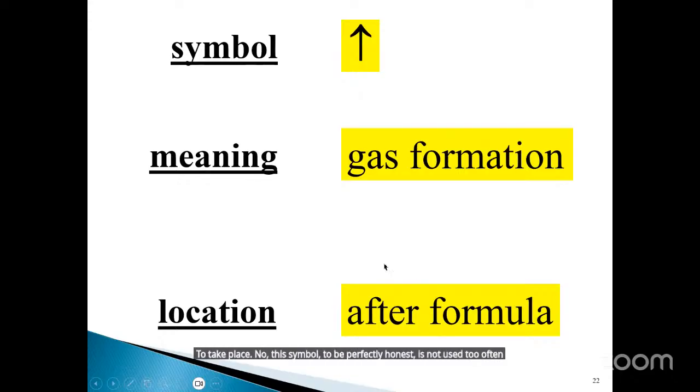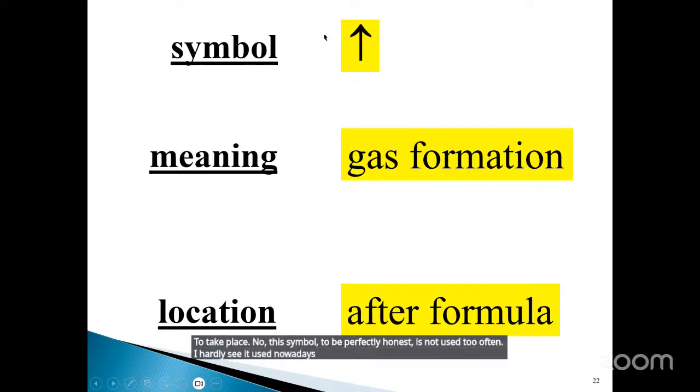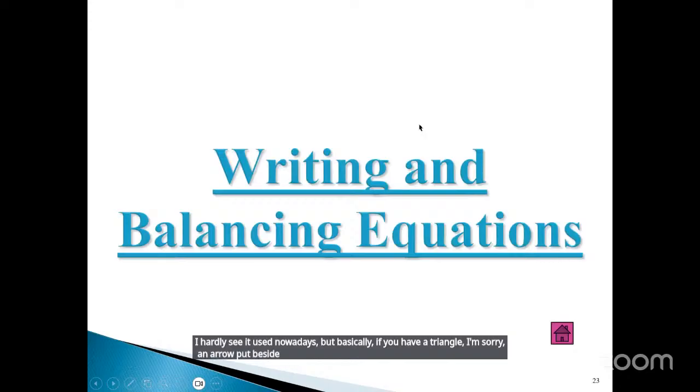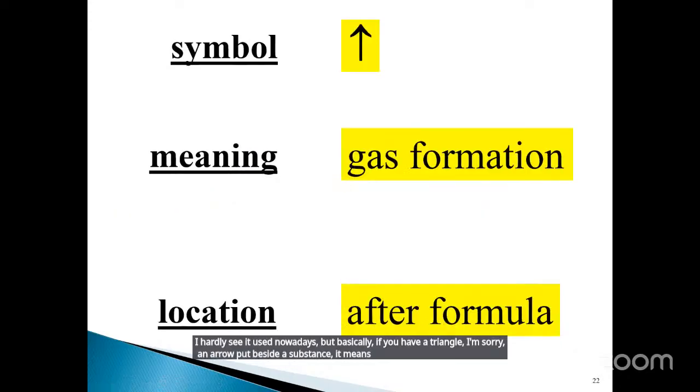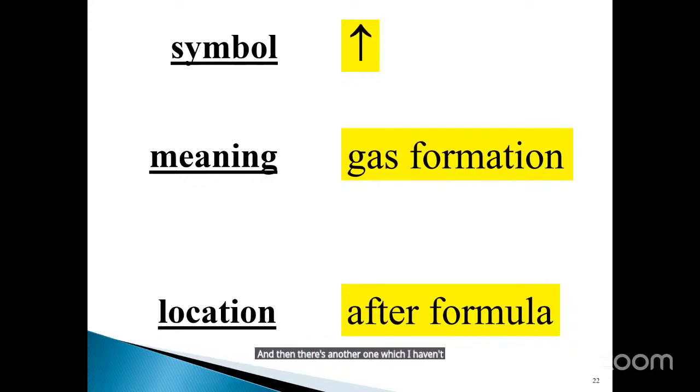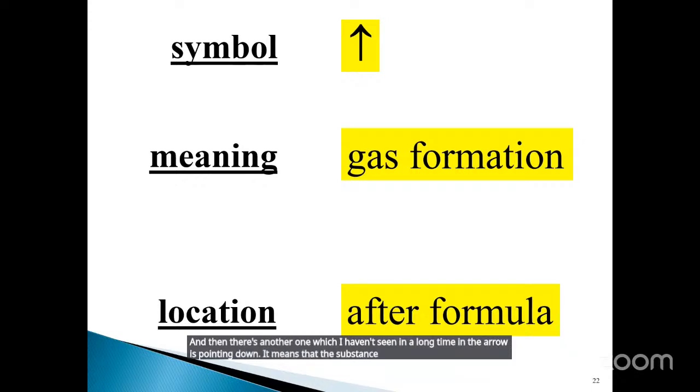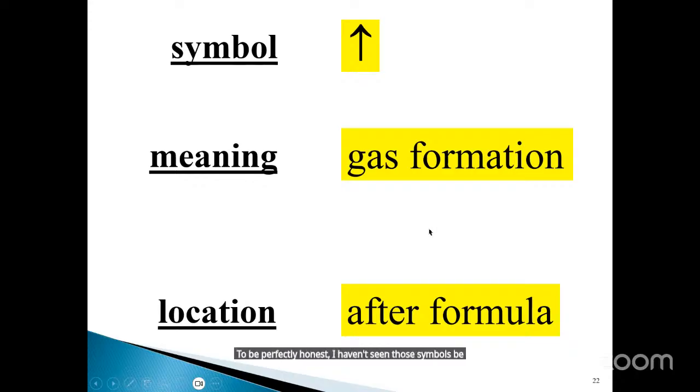I hardly see it used nowadays. But basically, if you have a triangle, an arrow put beside a substance, it means that it's a gas being formed. And then there's another one which I haven't seen in a long time. If the arrow is pointing down, it means that the substance forms a solid, all right? But to be perfectly honest, I haven't seen those symbols being used in a long time, all right?